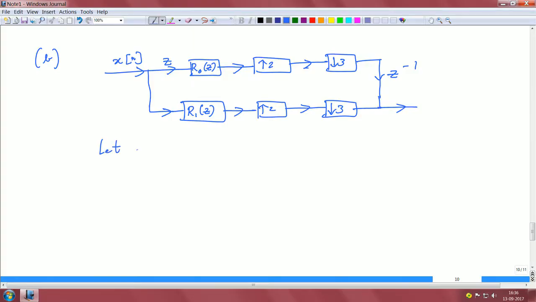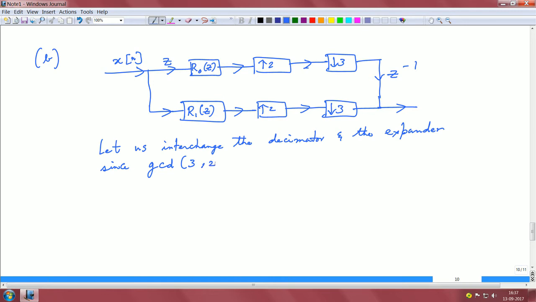Okay. So the next step is to realize that we can interchange the decimator and the expander, since GCD of 3 and 2 is 1.